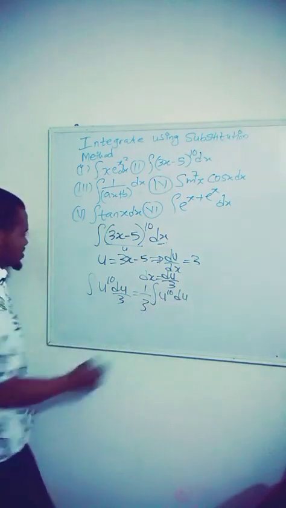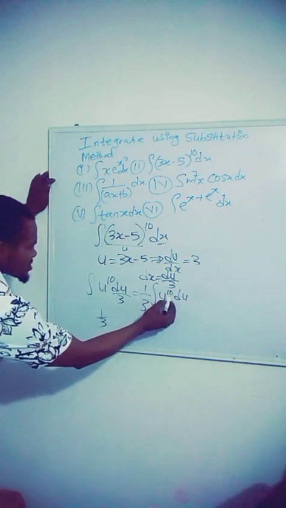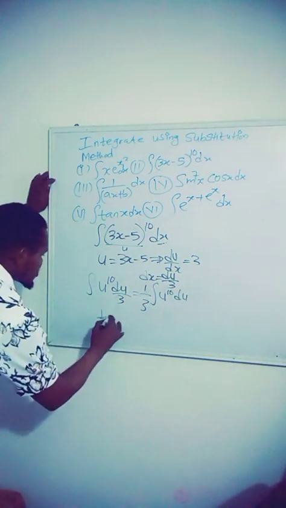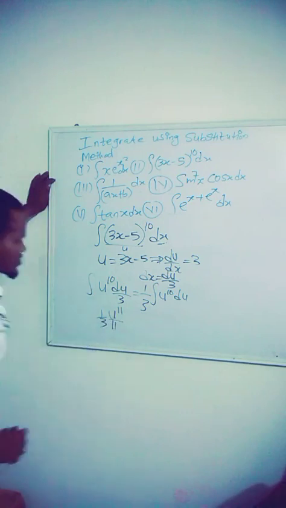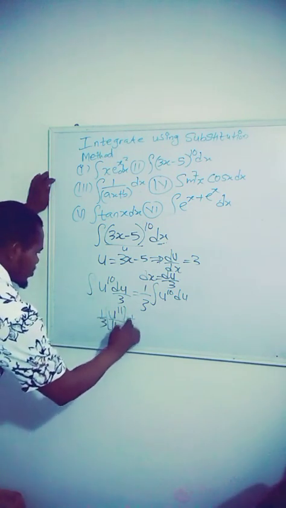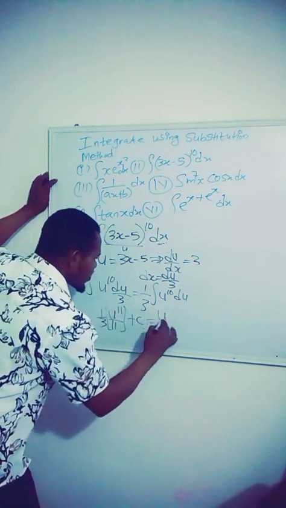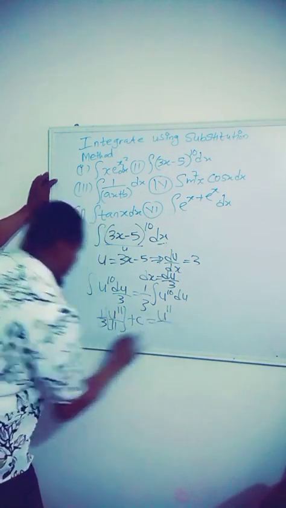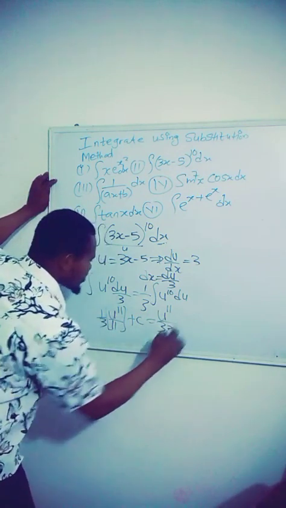So when you integrate this, it becomes 1 over 3, and when you integrate, you add 1 to the power, that is u raised to power 11 over 11, plus c. So that will be equal to u raised to power 11 over 3 times 11, which is 33, plus c.